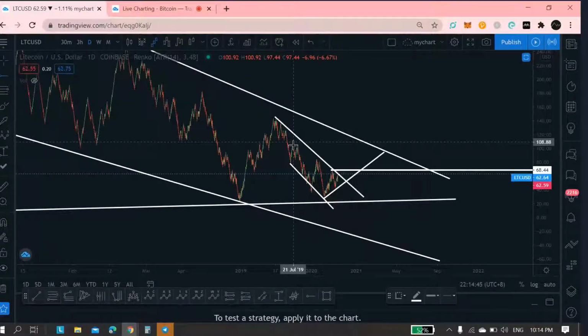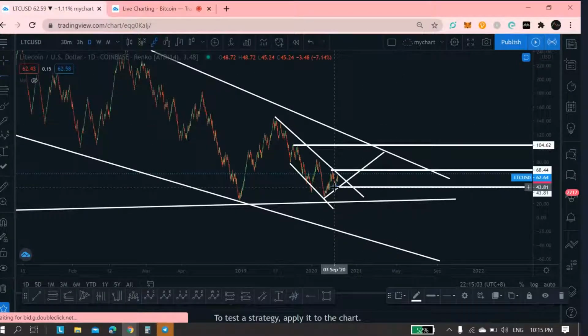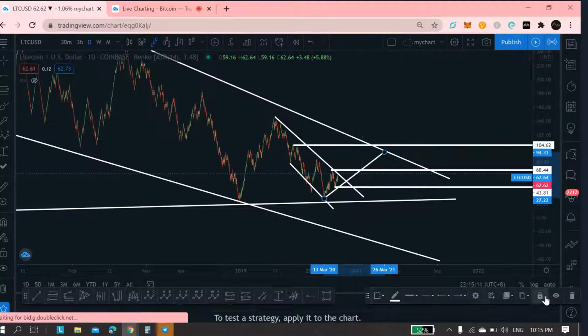Or actually, we can use this one. We can use this area as a possible next resistance within the long-term downtrend channel. And of course, the support I'm looking at is this area around the 43 area. So I think that's it. We'll just hide some.